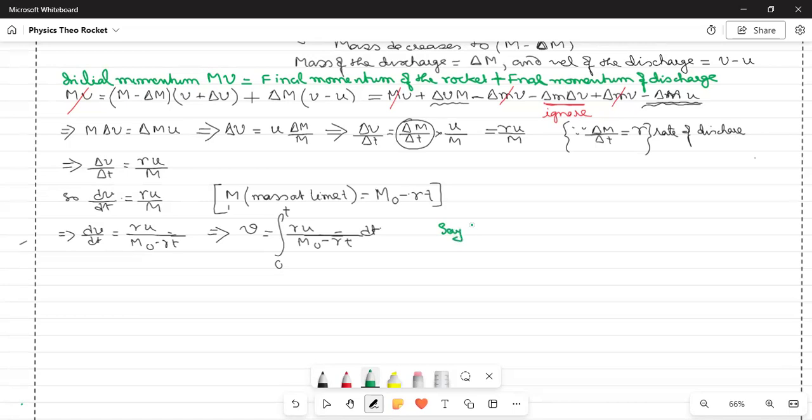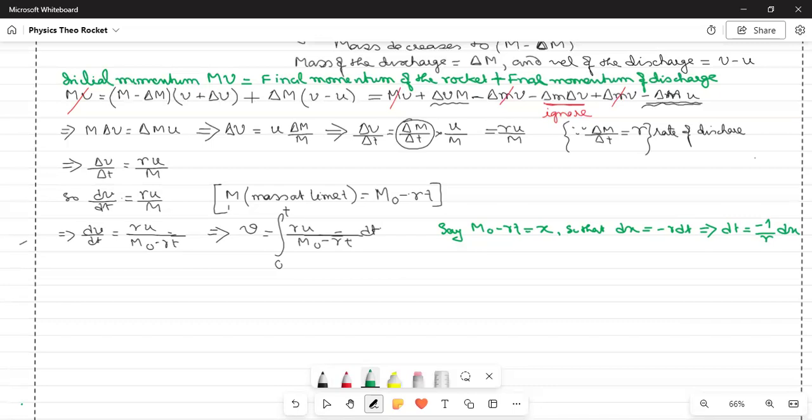Say m0 minus rt is equal to x, so that, differentiating both sides, dx is equal to minus r dt. That means dt is equal to minus 1 by r dx.